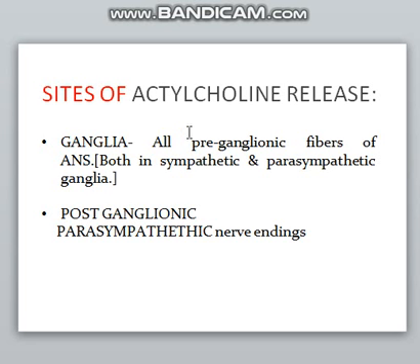There are different sites where acetylcholine is released. First are the ganglia, the preganglionic fibers of the autonomic nervous system, both in sympathetic and parasympathetic ganglia.